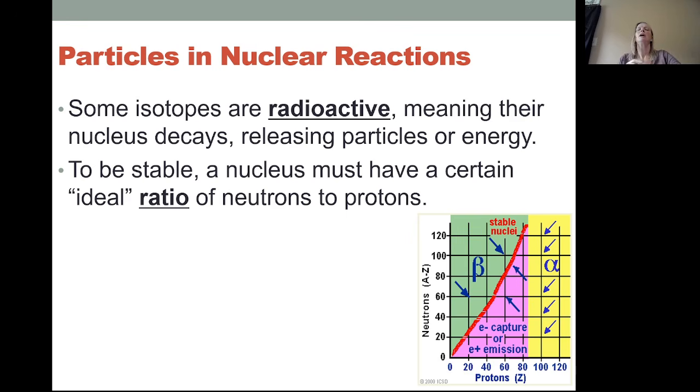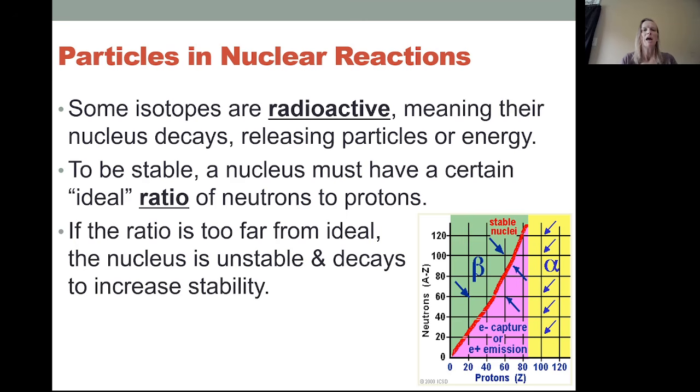But you can't have too many neutrons either. That also makes a nucleus unstable. So there's this ideal ratio. And if the ratio is too far from ideal, the nucleus is unstable and it decays to increase stability. Throughout the universe, matter is always trying to achieve its most stable state, where it takes least energy to maintain its state.